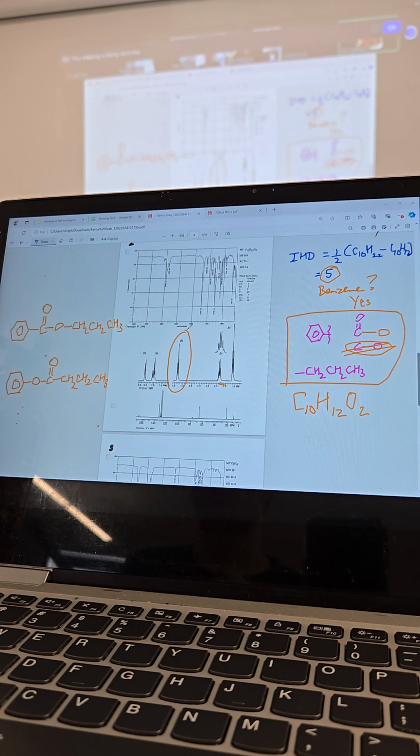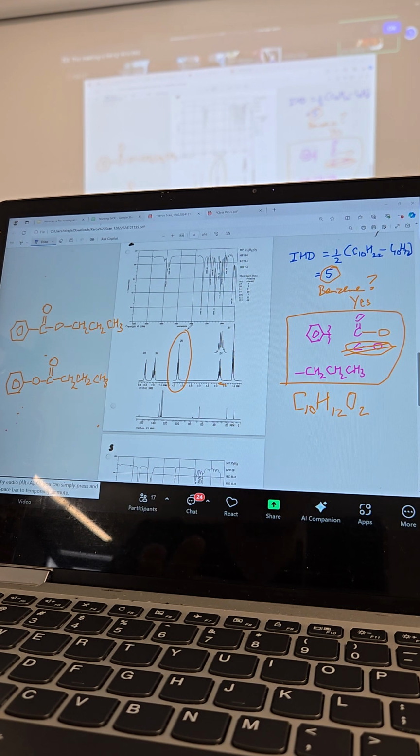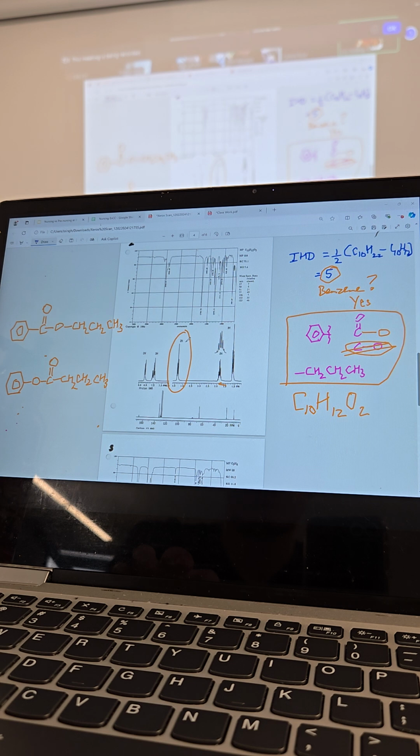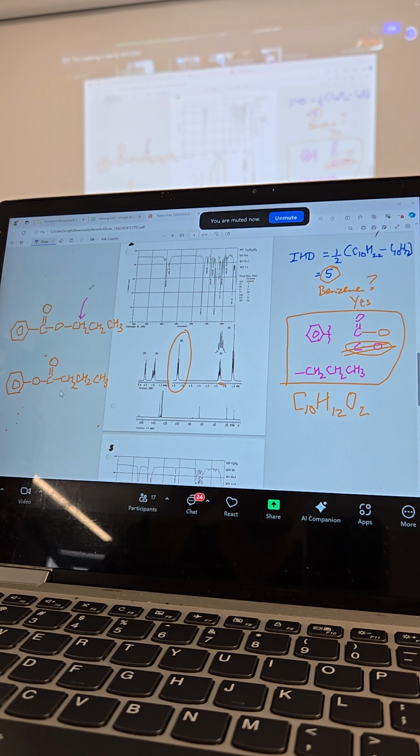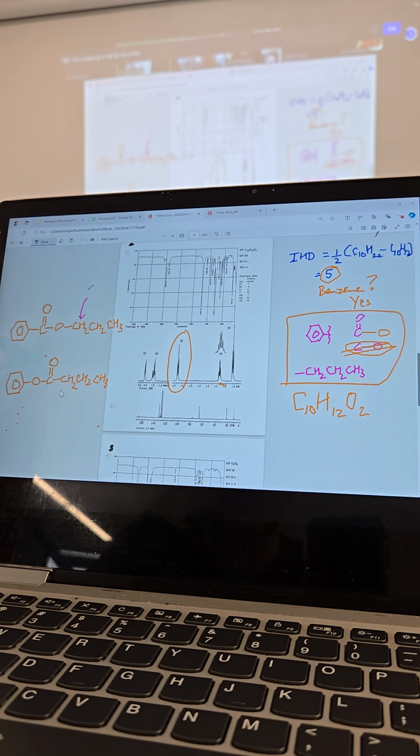So what does that indicate? That suggests that the methylene group is bonded to an O. This OCH2 is expected to have a chemical shift of about 4 or above, because it is connected to the oxygen. It's 4.3 here in this case.